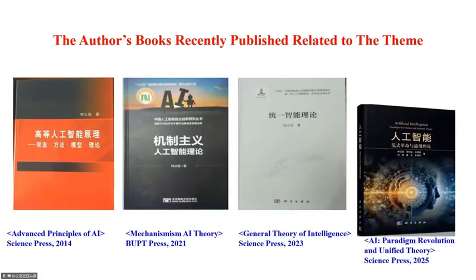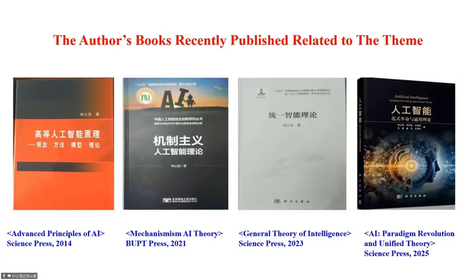And I would like, if I have time, to show you that we have experienced a long time of AI research. Practically speaking, I myself started the study of AI in 1965, when I began my work in BUPT.